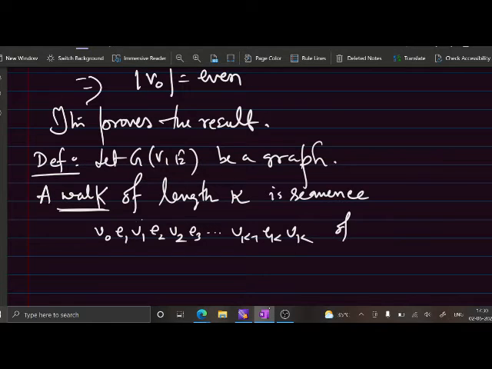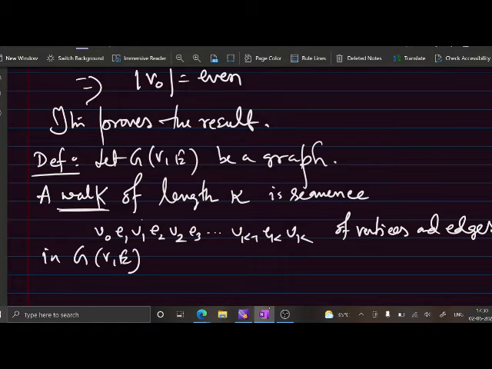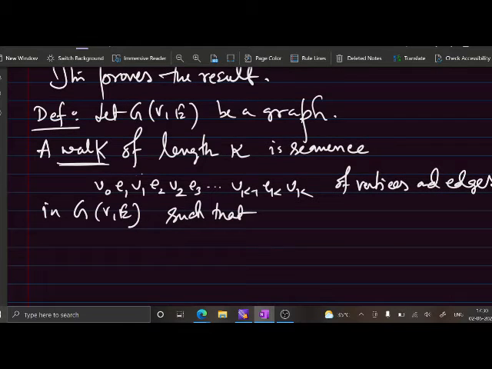So this is a sequence of vertices and edges in the graph G(V, E), such that, what is the condition that will make it a walk? If you take Ei, then it will be an edge between Vi minus 1 and Vi. Any sequence of this form will be defined as a walk of length k.